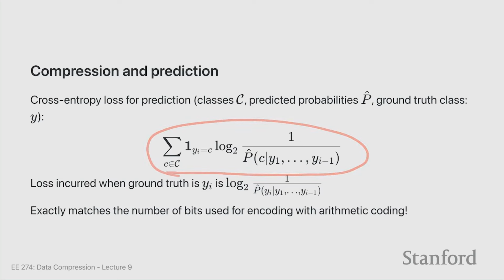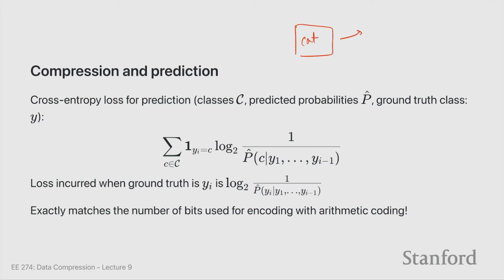If this is a cat, and the model says cat is 90%, dog is 5, cow is 5, then the loss you get is log 1 over 0.9, the probability of being a cat according to the model. So this forces the model to give higher probability to the correct label and lower probability to the incorrect labels.